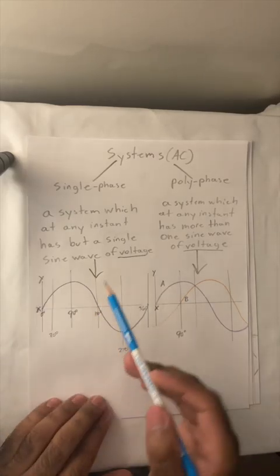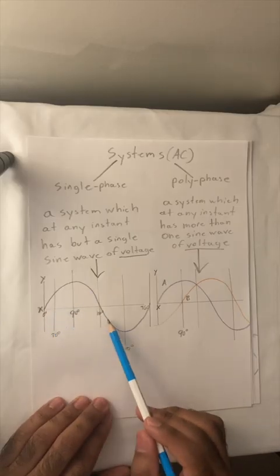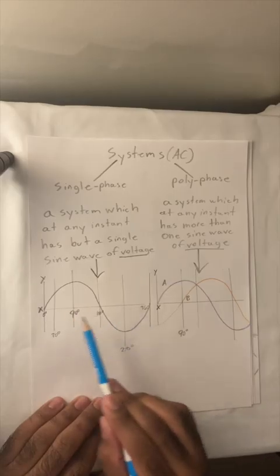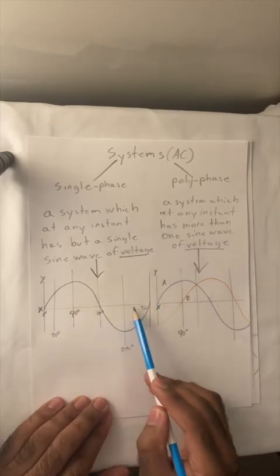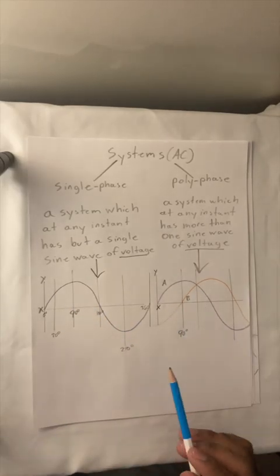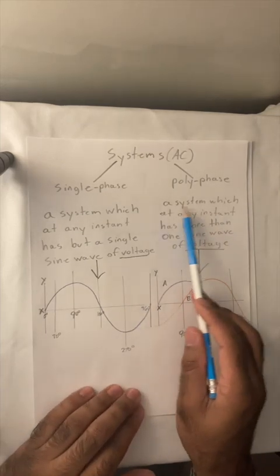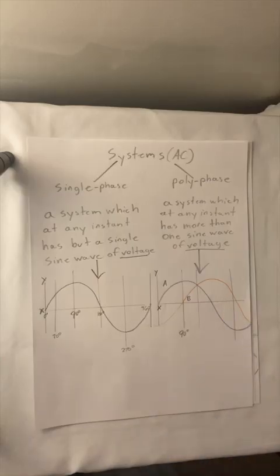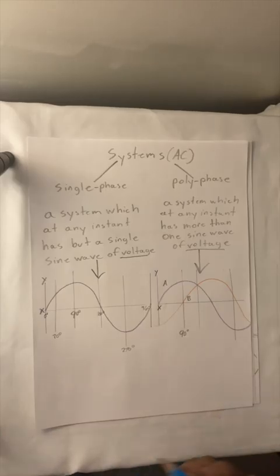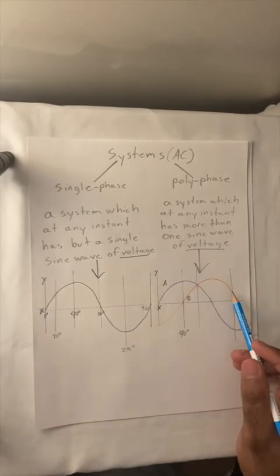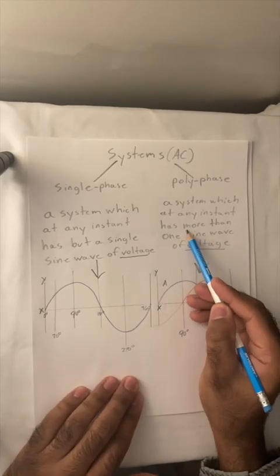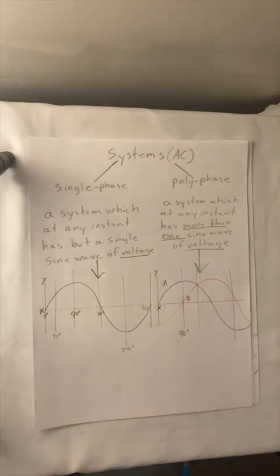A single-phase system, as was mentioned previously, is a system in which at any instant there's only but one sine wave of voltage. Similar to the polyphase system, the concept is the same at any instance: how many sine waves of voltage are at that instance. And in a polyphase system, there could be 2, there could be 3, there could be 4, there could be 5, there could be 6. There could be more than one sine wave of voltage.